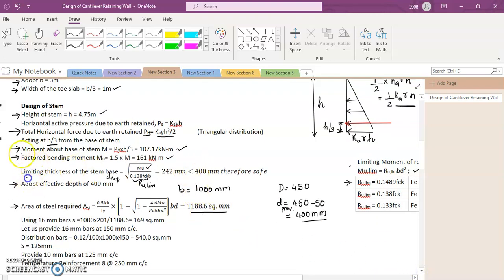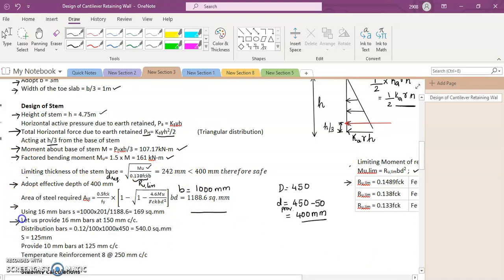Let us use 16 mm bars. Using 16 mm bars, for a width of 1000 mm, 201 is the area of one single 16 mm bar and 1188.6 is the total area required. So the formula for S is 1 meter width multiplied by the area of the bar which you intend to use divided by the total area which is required.